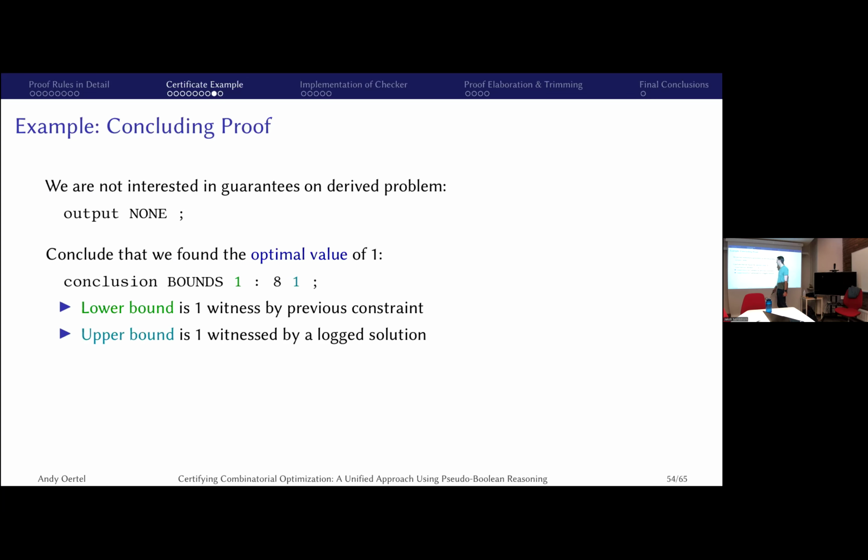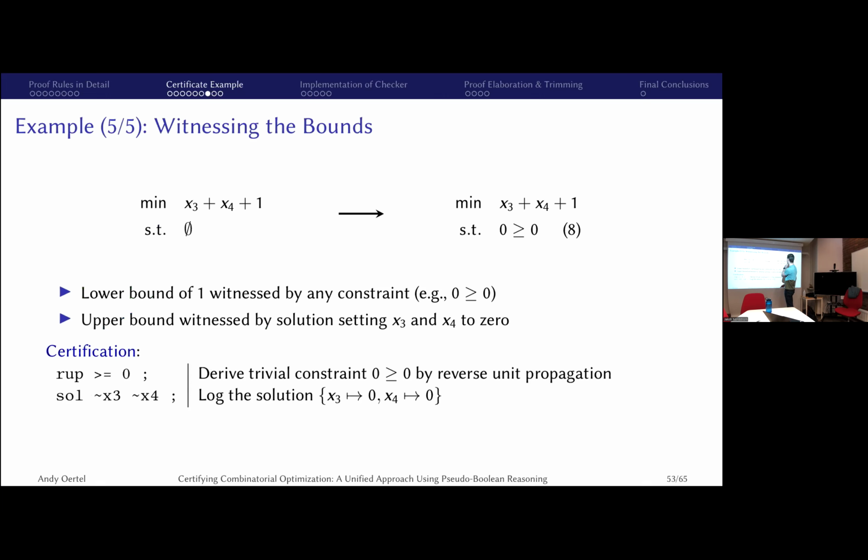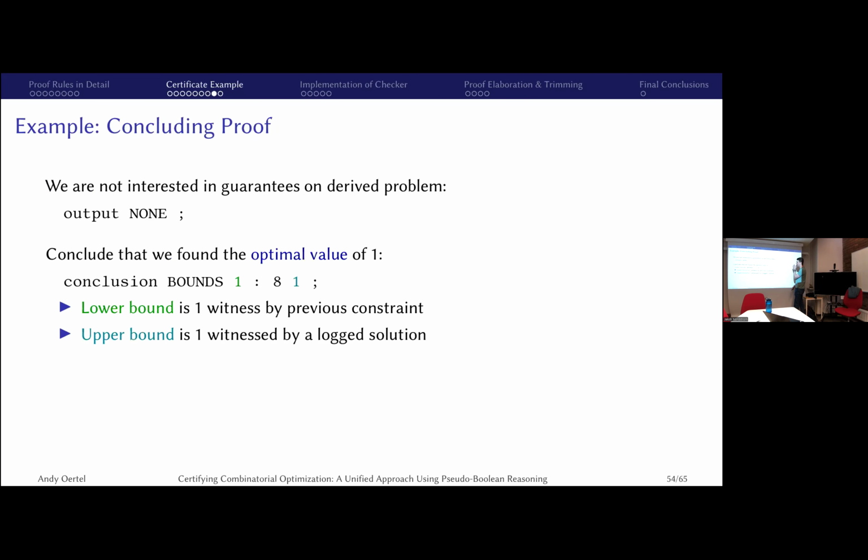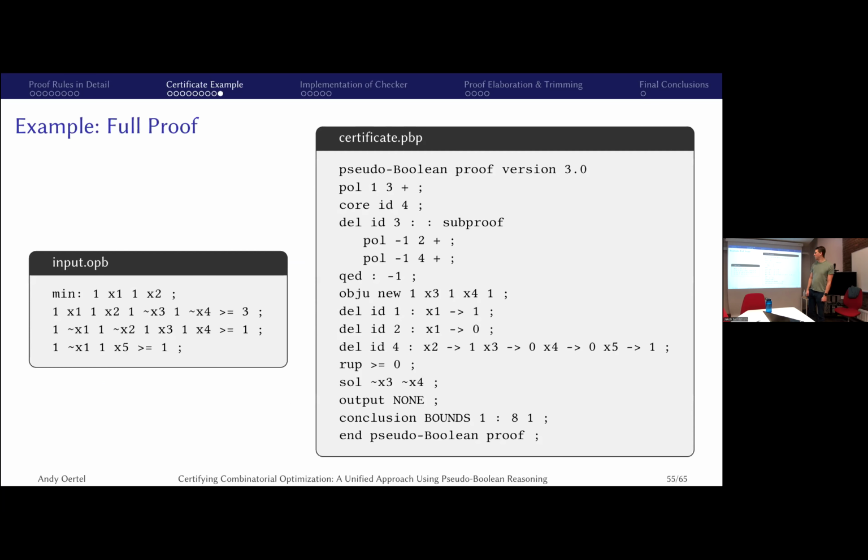And then we give as a hint this constraint 8, which we just derived here. So this becomes ID 8. That certifies the lower bound. And then we have the proof. And so the whole proof looks like this.